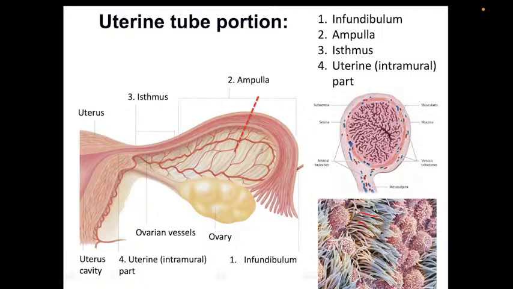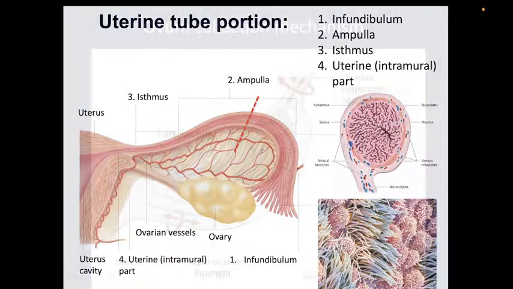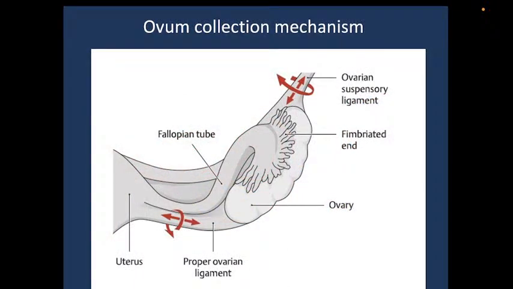I hope my colleague in the histology department, in the histological part, will tell you more about these unbelievable cells inside of the uterine tube. And you see that there are some layers, because the uterine tube is a hollow organ, and it also has muscular layers inside.